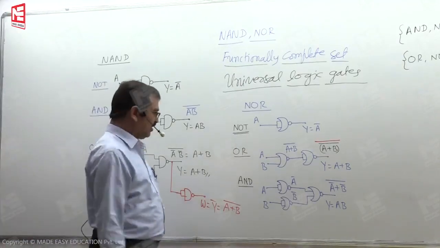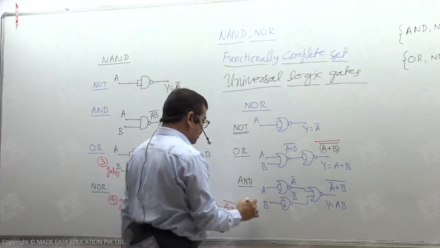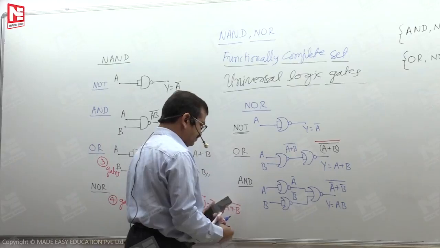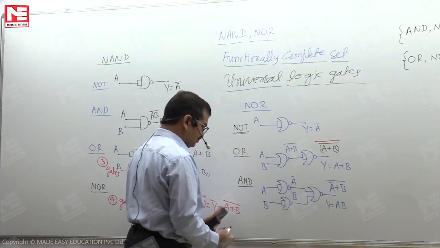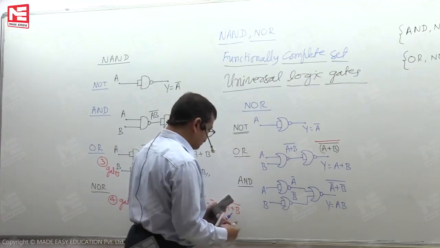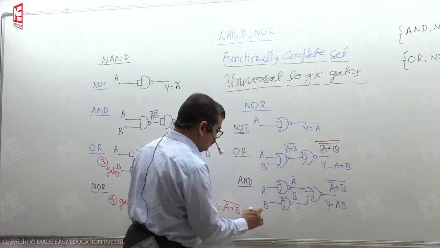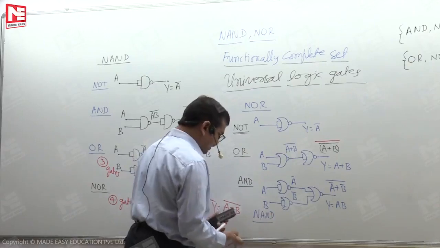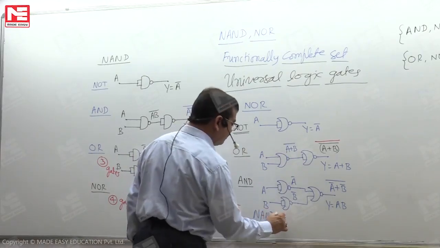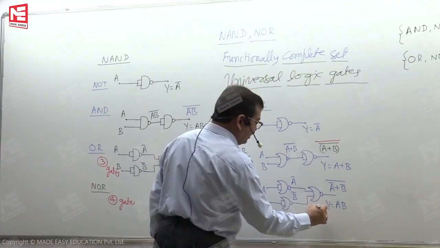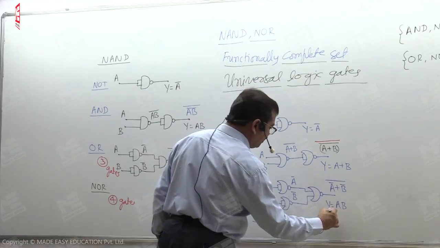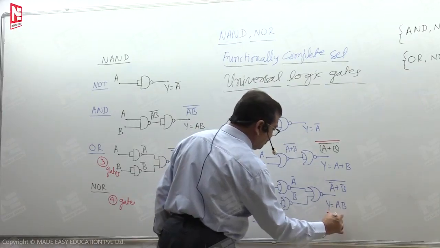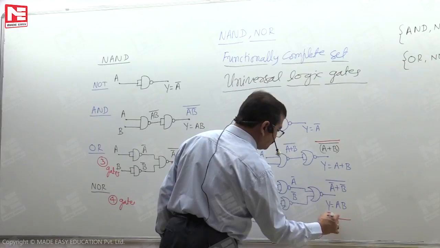And similar work we are looking at here with an OR gate to implement NAND. To implement NAND, if you see here, we need one more gate. One more gate will be used as an inverter.